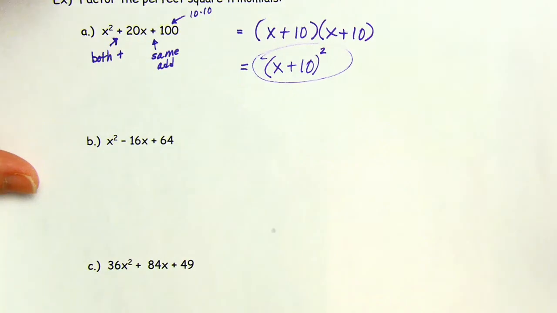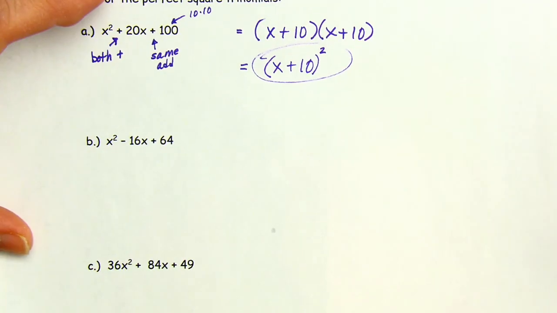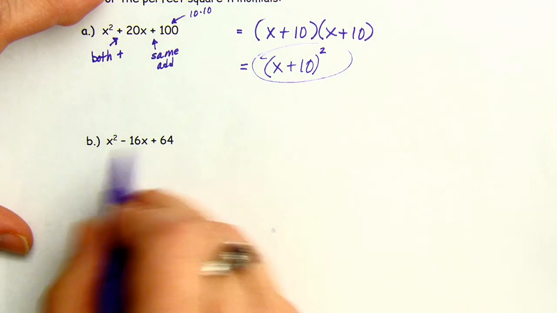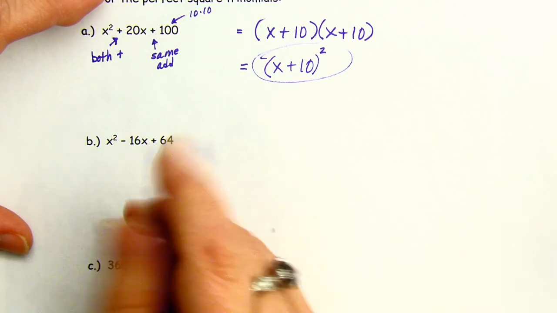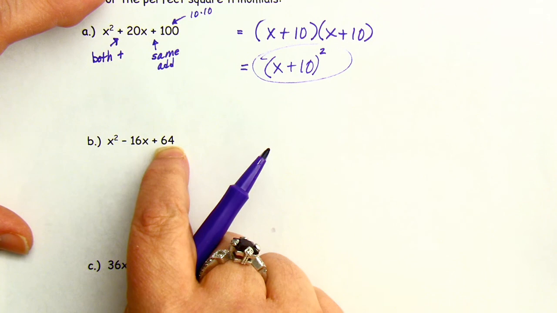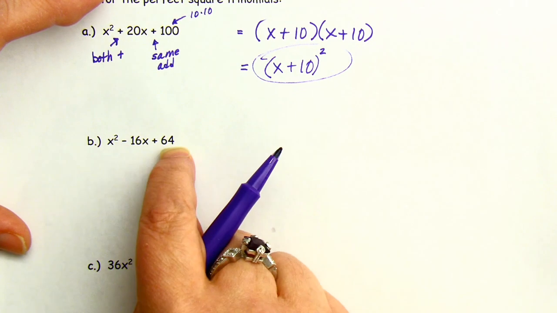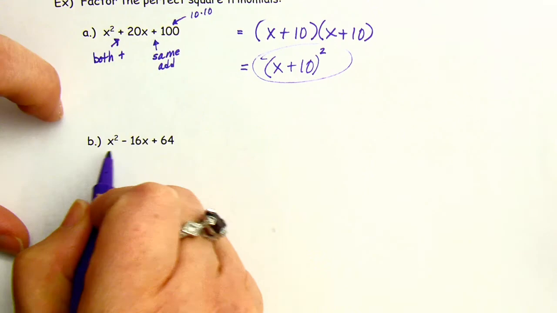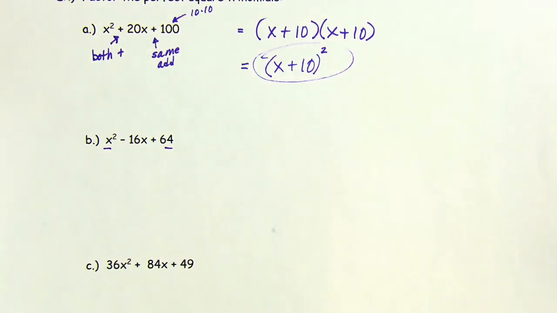All right. Letter B, example B. You have to look at this and say, well, what two numbers multiply to 64 to add to 16? You should see right away 8 times 8. Or just say, is that a square? 99% of the time, these are perfect square trinomials, but not always. So be cognizant of that.